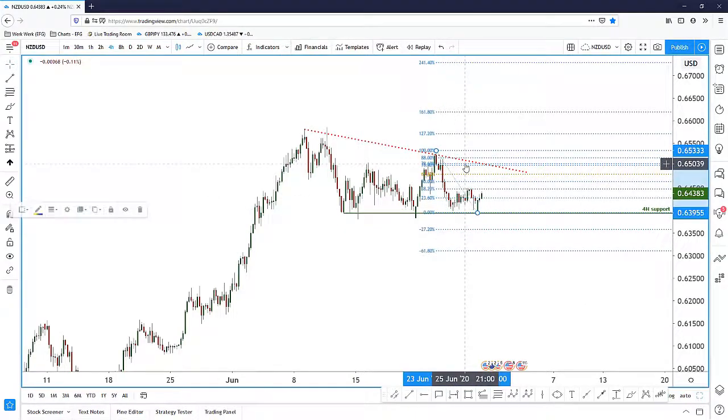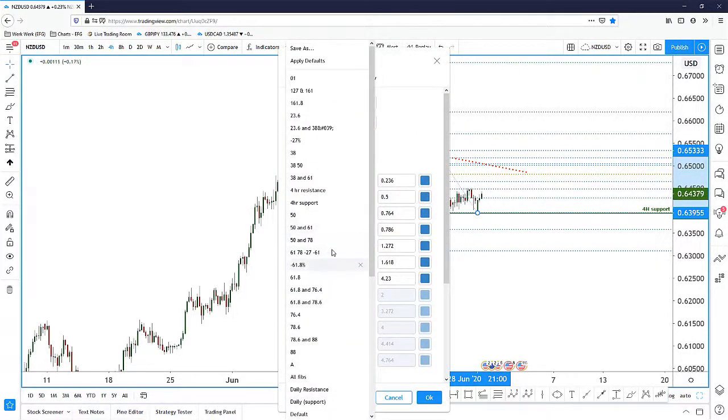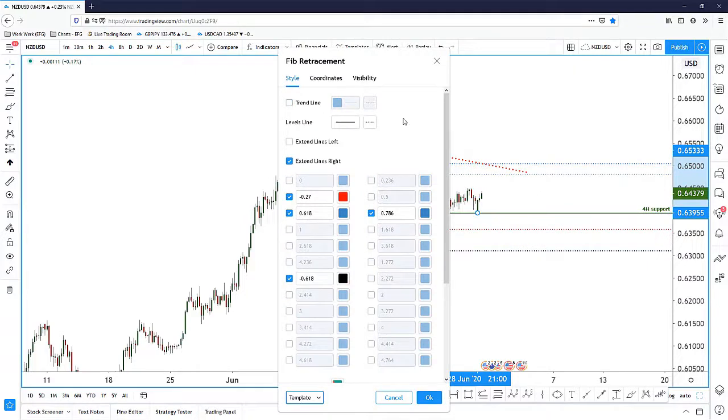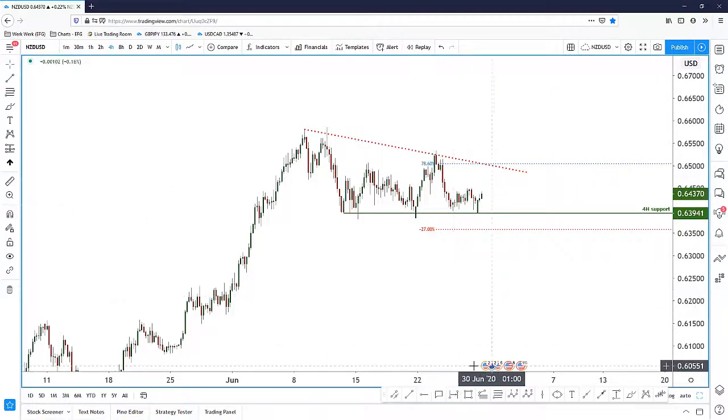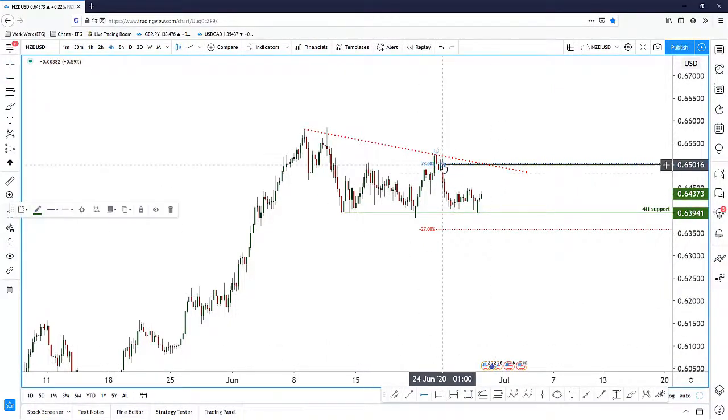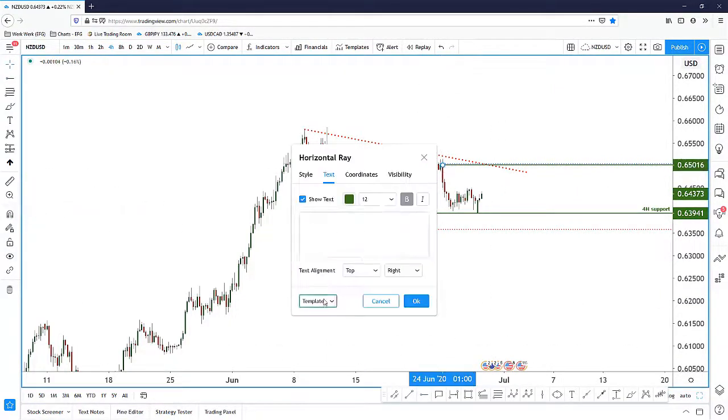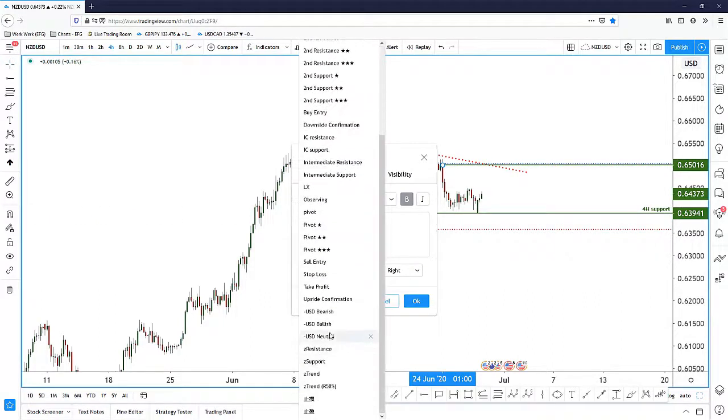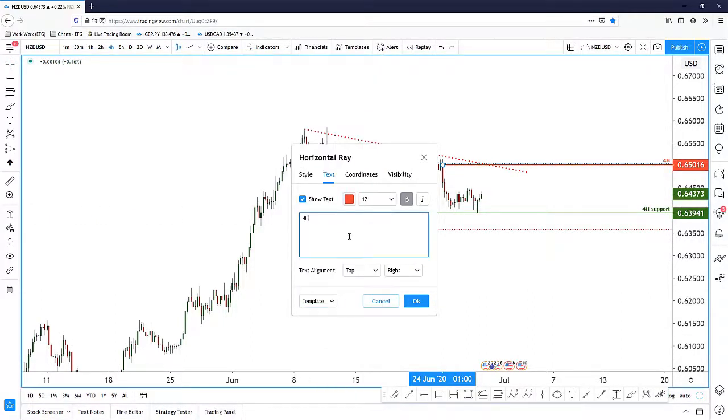We see that the 78.6 level falls right in line with the trend line resistance. So I'm just going to put a resistance level here. Let's call this our 4-hour resistance.